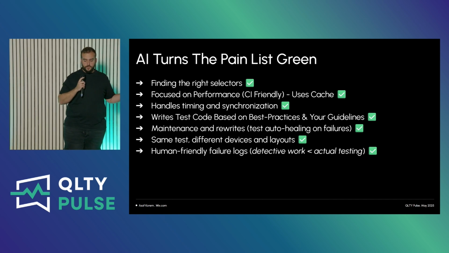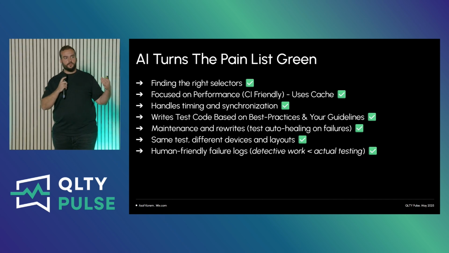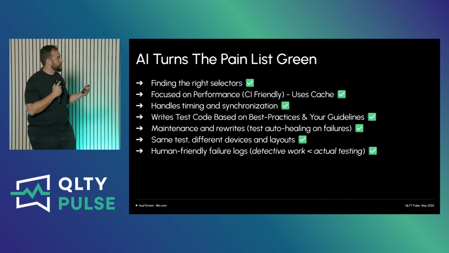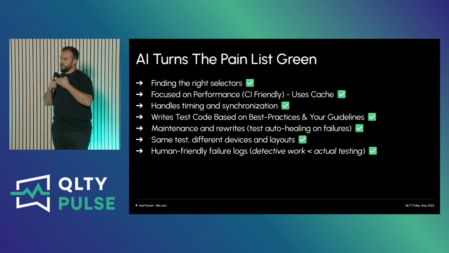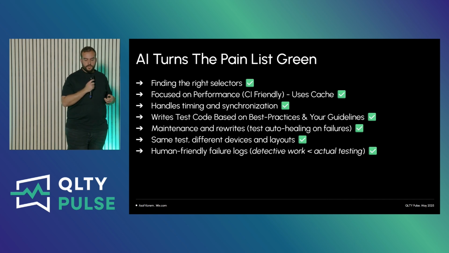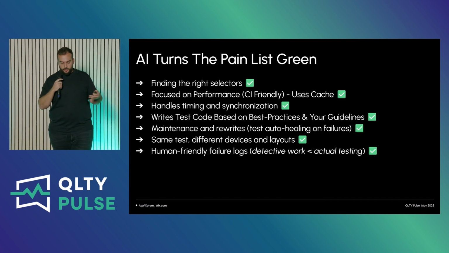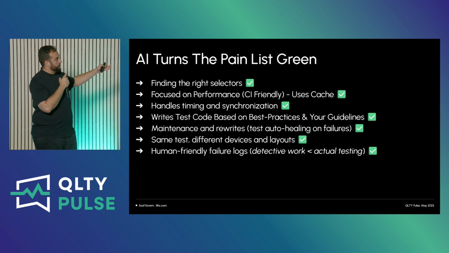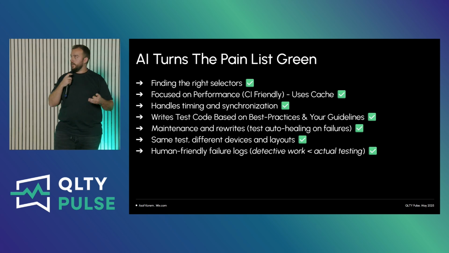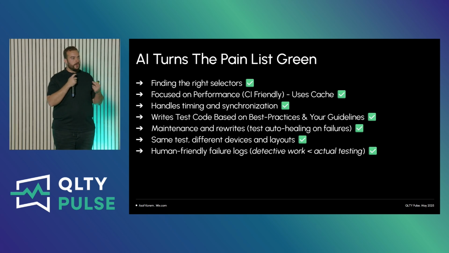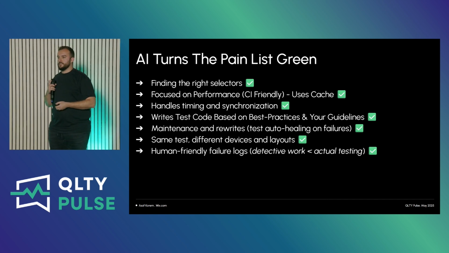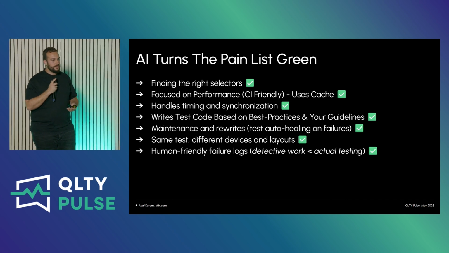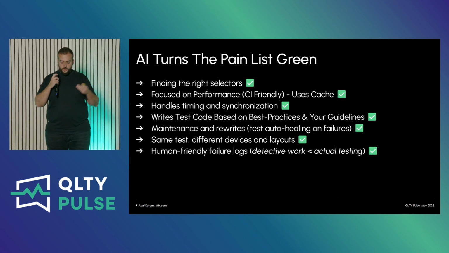What it solves: we mentioned many problems that we're facing with traditional tools, and it was also designed with a mindset to handle all the challenges of using LLMs. So it finds the right selectors, and it is focused on performance. It's CI friendly, and handles timing because it writes the code in a way that we instructed it to use the best practices of waiting for elements to appear and to handle the synchronization during our test flow.